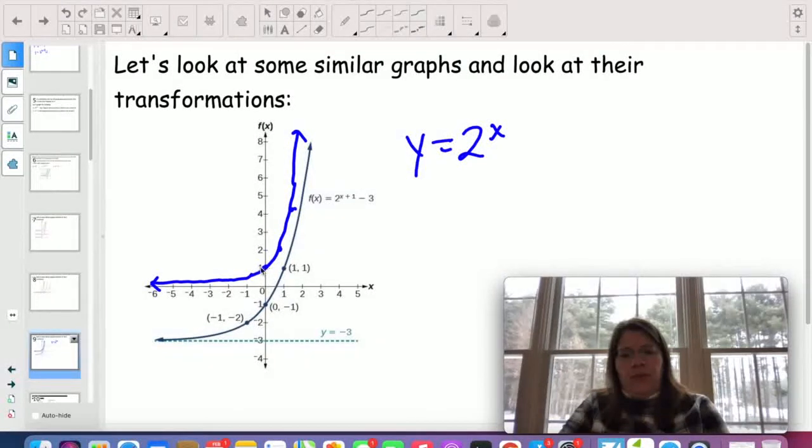So there's that point. This point, left 1 and down 3. You can see where that is. This point, left 1 and down 3. You can see that that's about right there. So we can see that the transformation that we thought would happen is in fact happening.